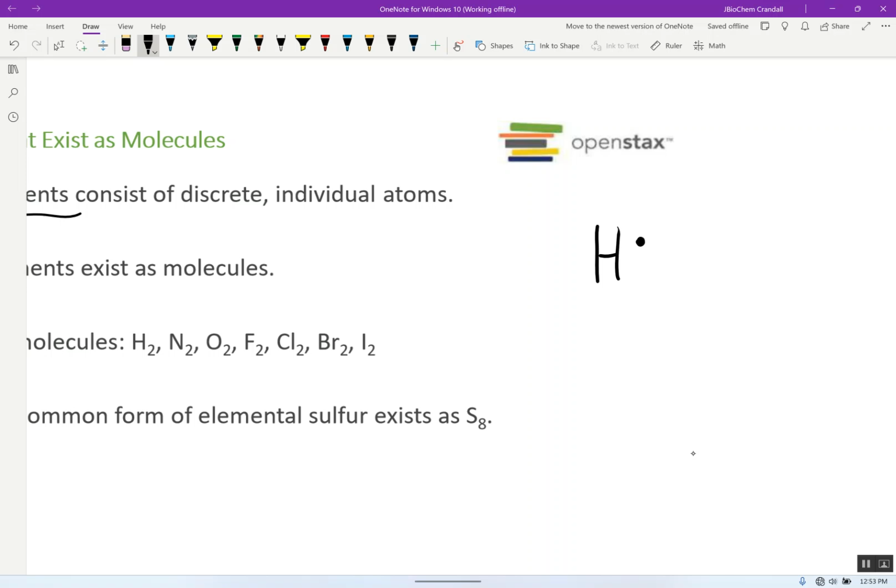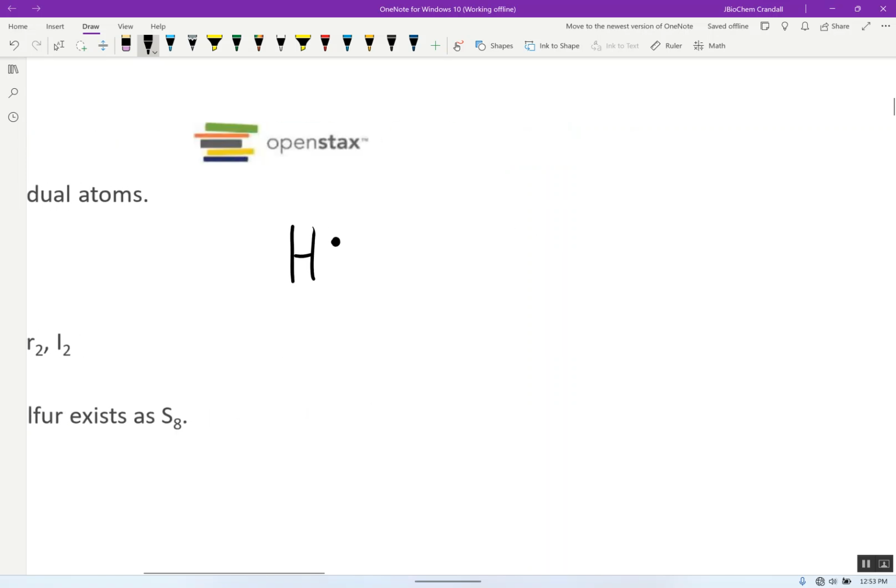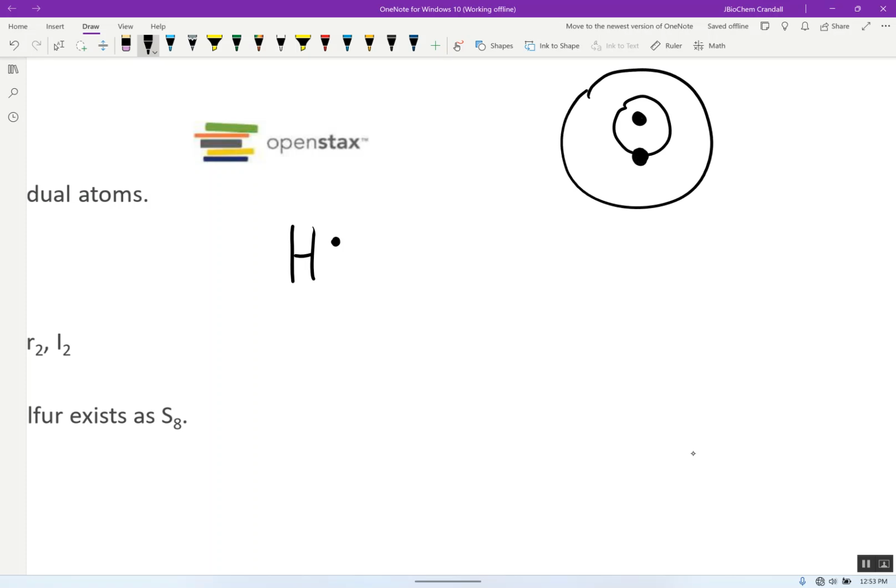If I have a nucleus, and I have these electron clouds surrounding the nucleus, the electrons on the inside are not participating in the chemistry. So that's why I ask how many valence electrons there are, not how many electrons this element has. How many valence electrons is a better question, because those are the electrons that are participating in the reactions.